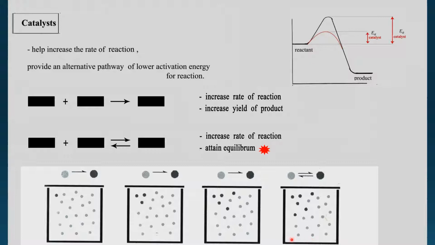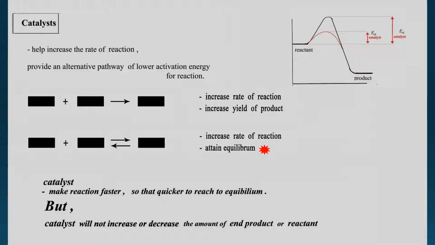So catalysts don't give you more white or more black. They make it faster to reach the equilibrium state. That's all. Please understand the difference. Catalysts make the reaction faster, so equilibrium is reached quicker. But catalysts will not increase or decrease the amount of product or reactant. Please understand.